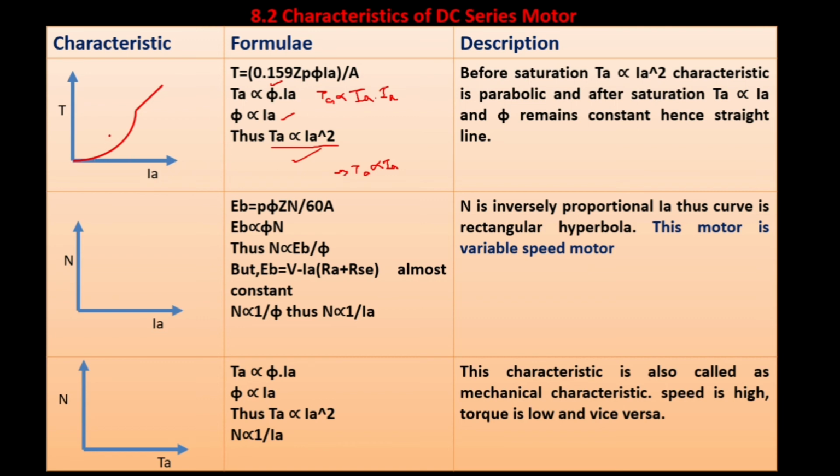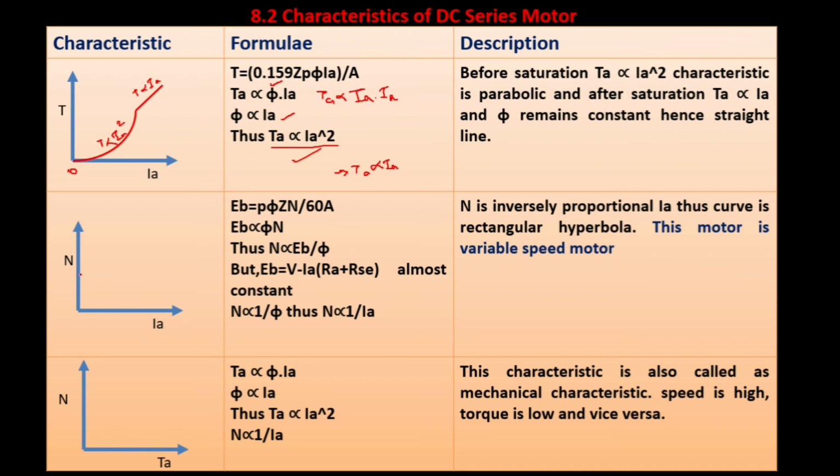So initially the torque and armature current characteristics is directly proportional to Ia square, and the torque becomes directly proportional to Ia after saturation. So these are the two characteristics you get when you study the torque with respect to armature current.